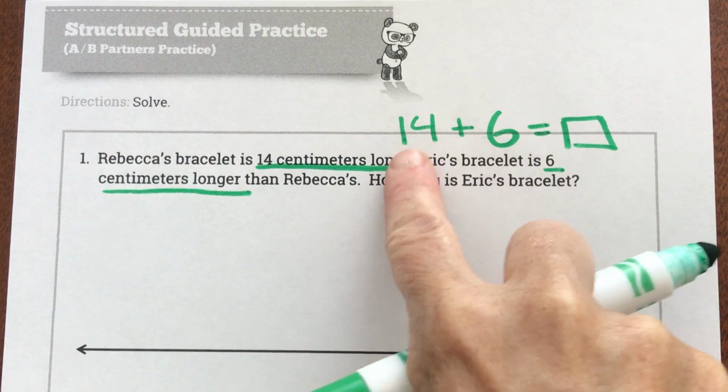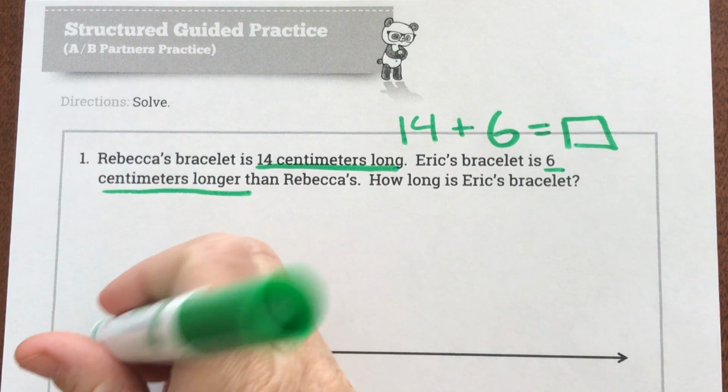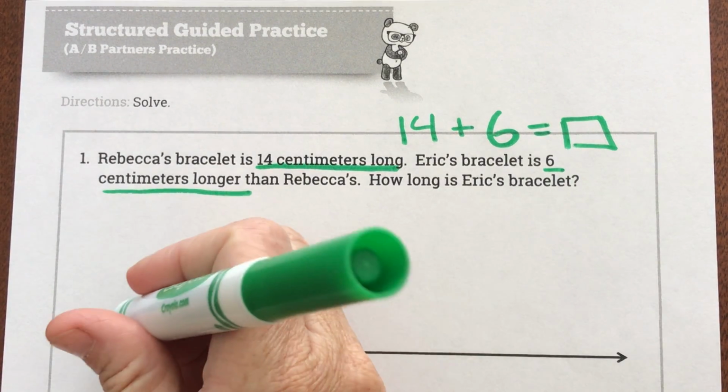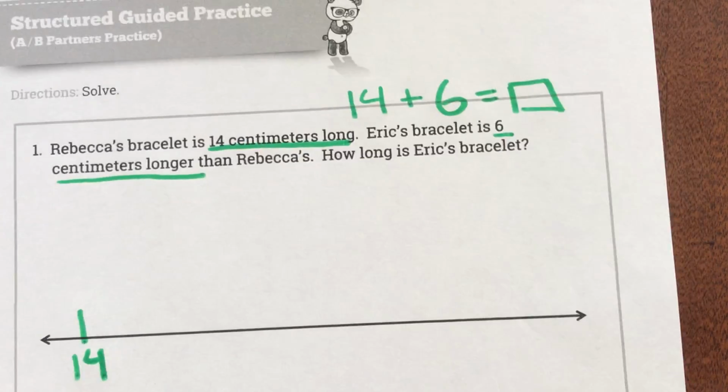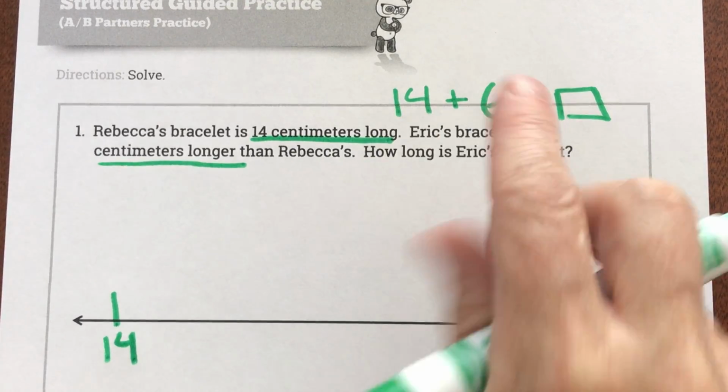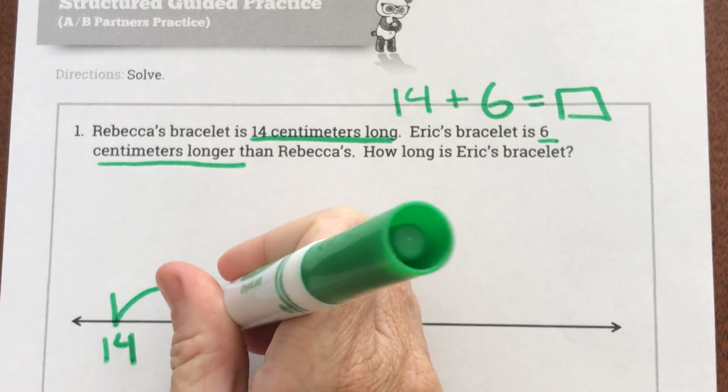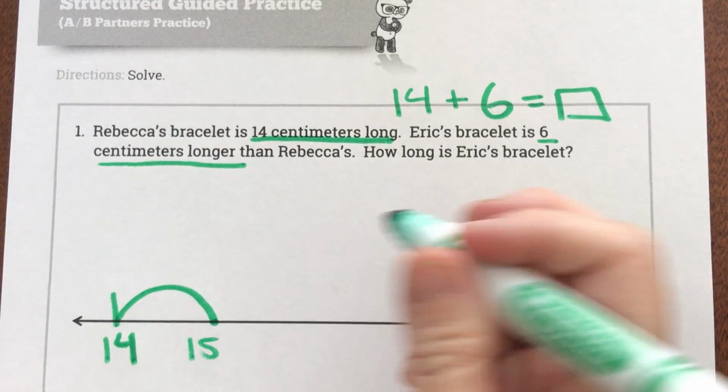Okay, so because it's an addition problem, we're going to be counting on. We're going to start with 14, and then we're going to add 6, or count on 6. So if I add 1, I get to 15.